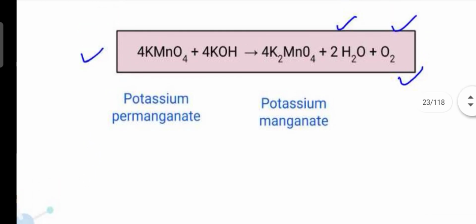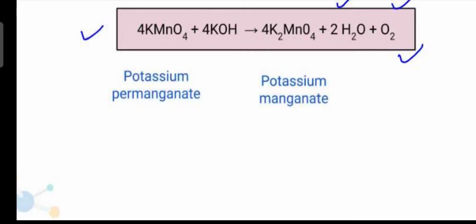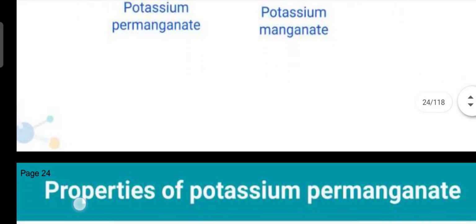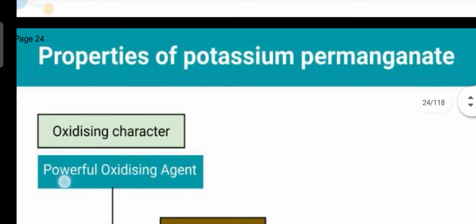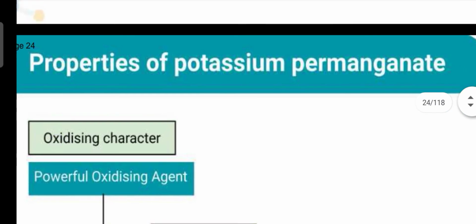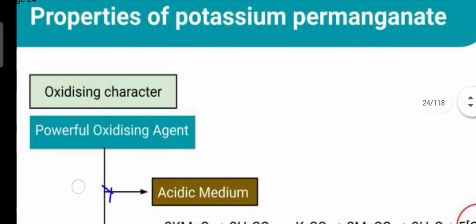In a similar way, we can do the same thing with potassium permanganate. When it is reacted with an alkali, we get potassium manganate, and on adding any acid to potassium manganate, we will get potassium permanganate. So these are the reactions and the methods to prepare.